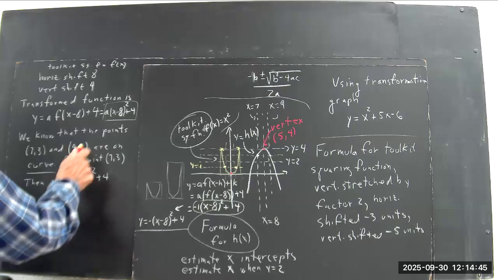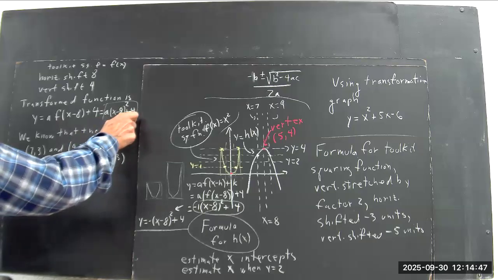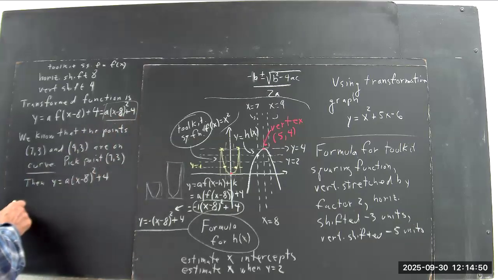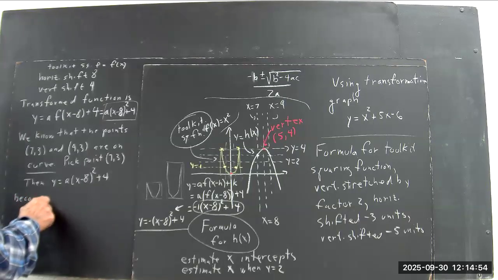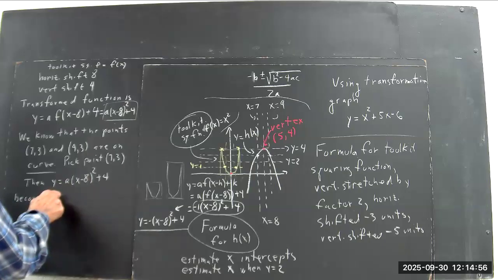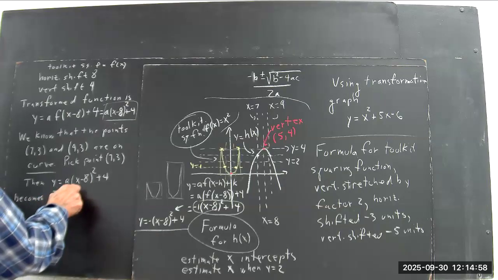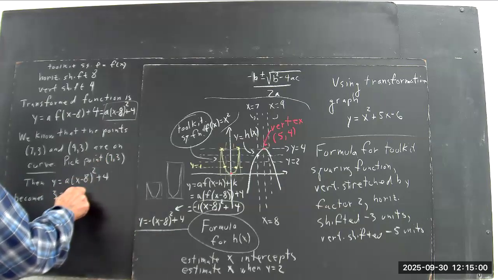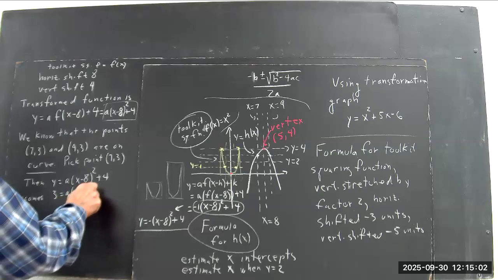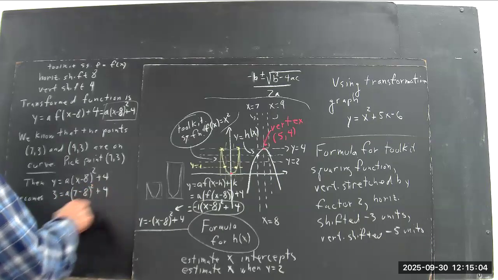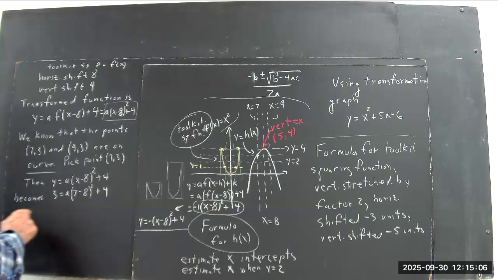Then our y equals a times (x minus 8) squared plus 4 becomes 3, that's our y coordinate, 7, there's our x coordinate. And now we can solve for a.